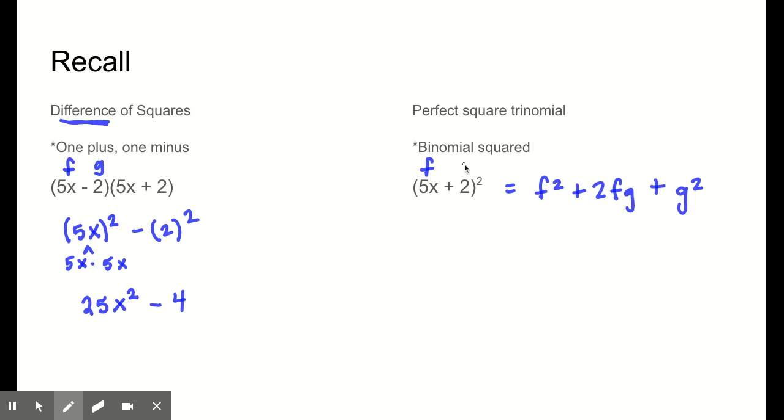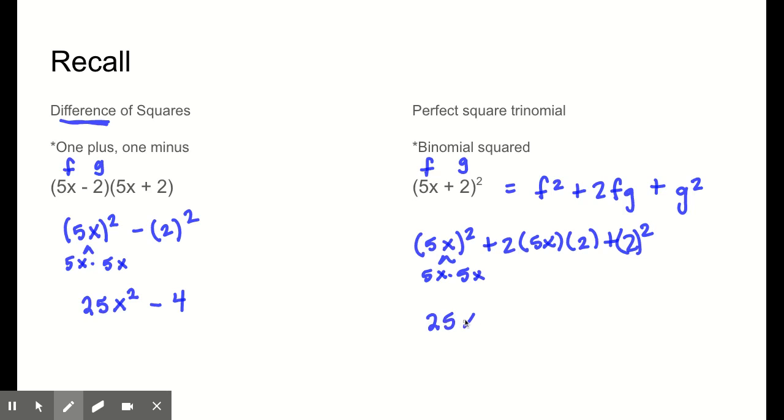Our f term is 5x and our g term is 2. So we plug those in. That's going to be 5x squared plus 2 times 5x times 2 plus 2 squared. When we simplify this, again, 5x squared is 5x times 5x, which gives us 25x squared. 2 times 5 is 10, times 2 is 20x, plus 4.